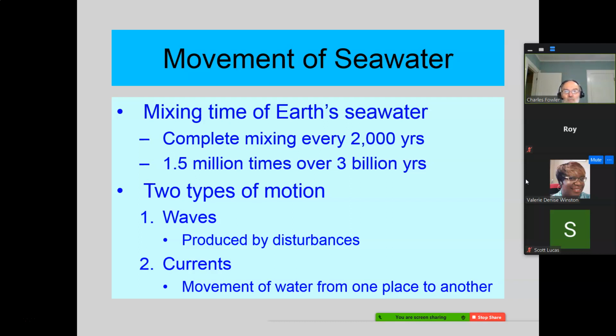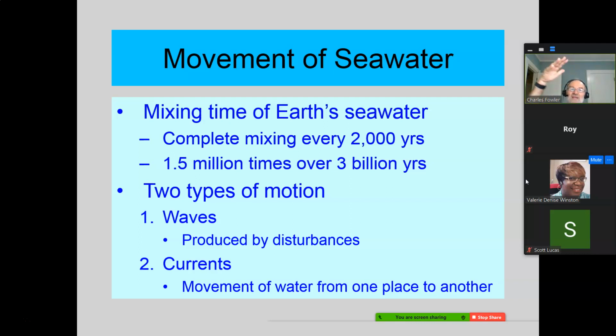Well, there's wind disturbance. That's what creates most waves. However, when you have underwater earthquakes, all earthquakes are underground, underwater earthquakes create tidal waves that do pretty big disturbances, way bigger than normal waves. Okay, so those are waves.